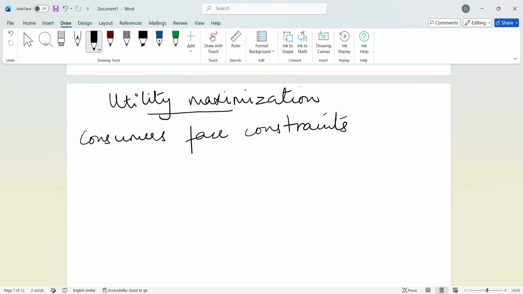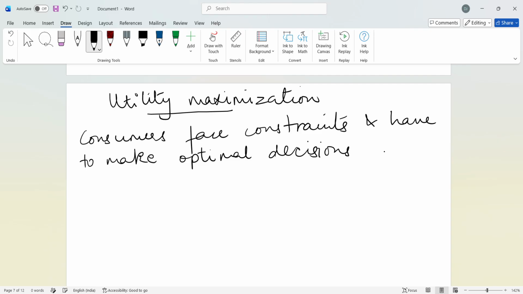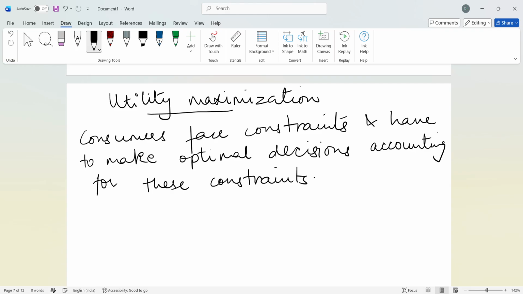We have budget constraints, we have time constraints, we have n number of constraints, and they have to make optimal decisions accounting for those constraints. Whatever constraints the consumers face, they have to make optimal decisions accounting for these constraints.